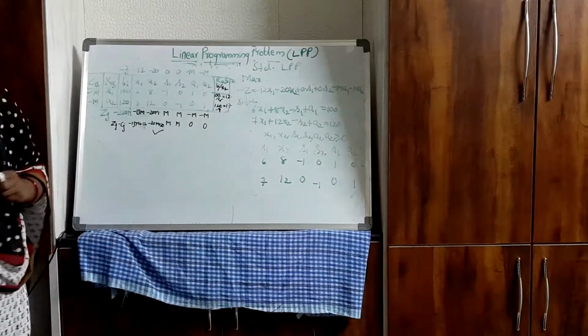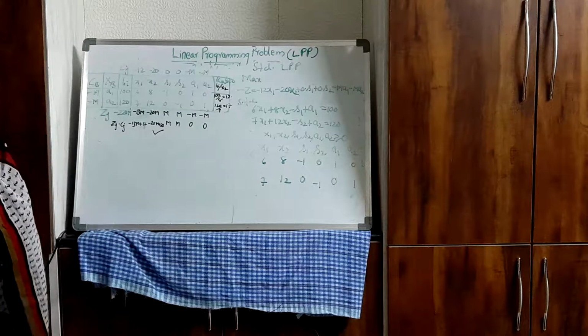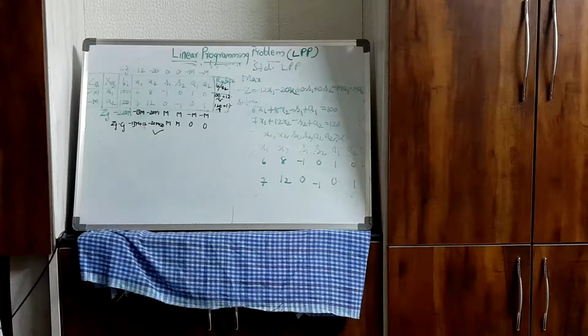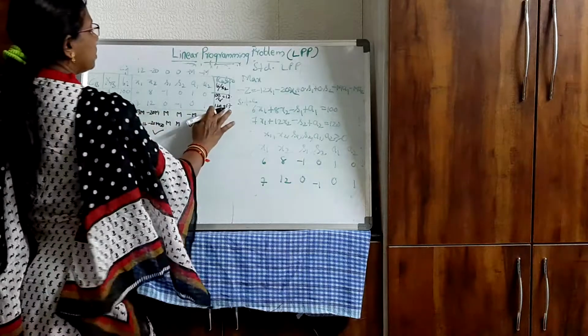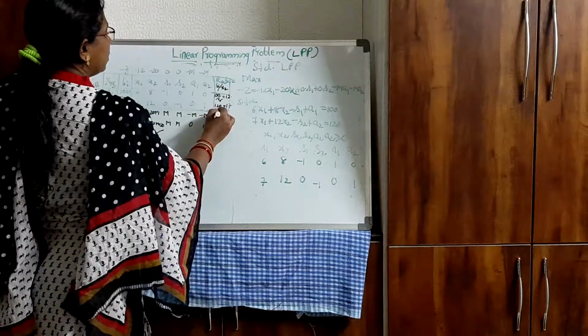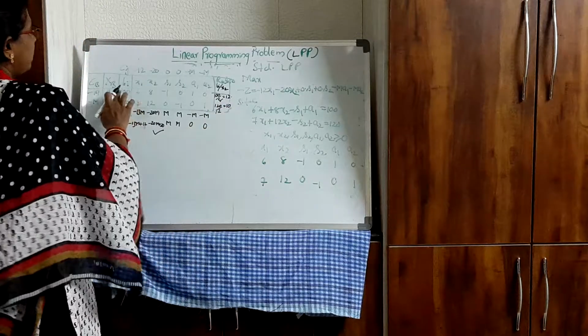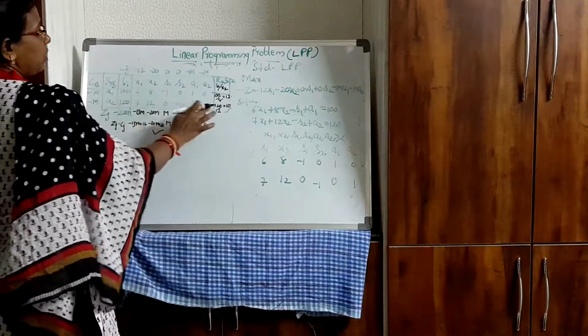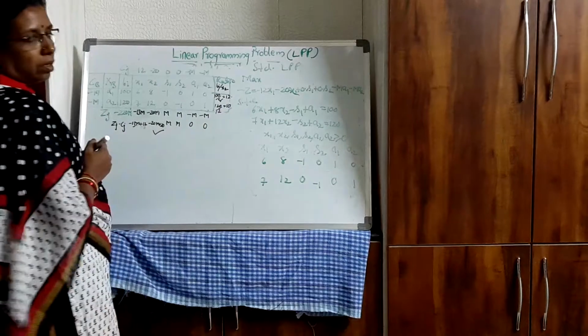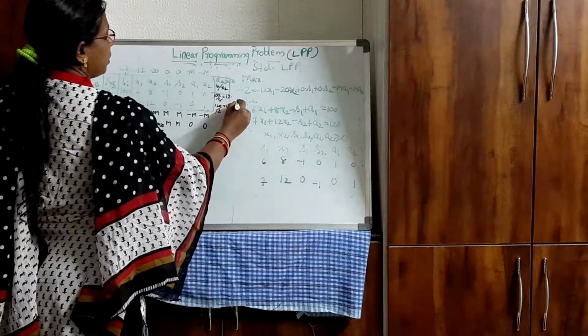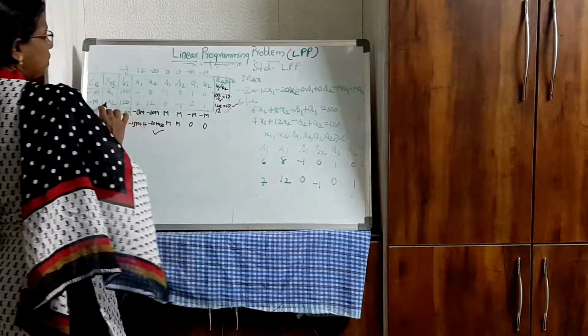So which is the minimum ratio here? Is this 120 by 12? Sorry, this is 120 by 12. So 120 by 12 means how much you will get? This you will get 10. See, 100 by 8, 120 by 12. So 120 by 12 means 10. Now which is minimum? This 10 is minimum. So corresponding variable is what? A2.